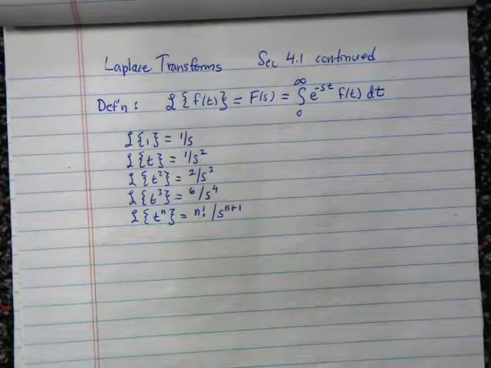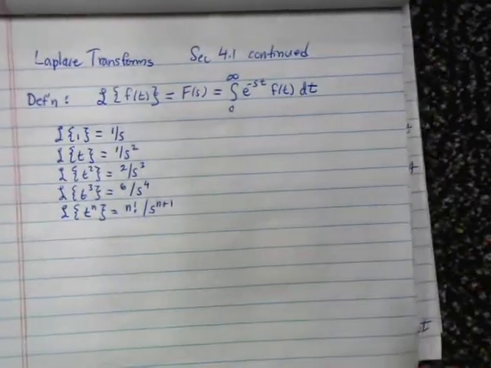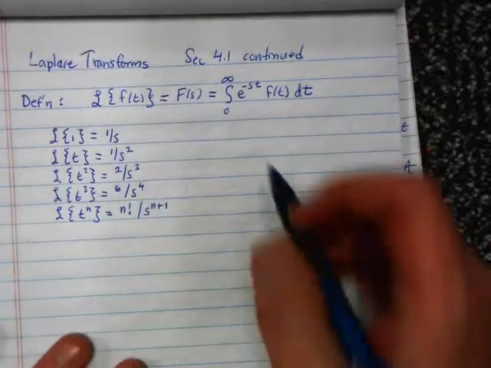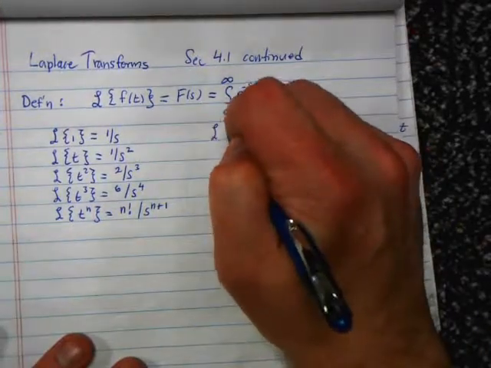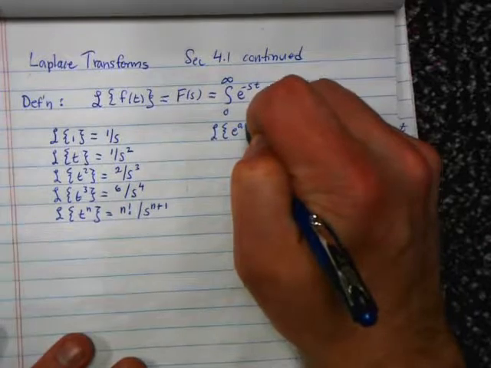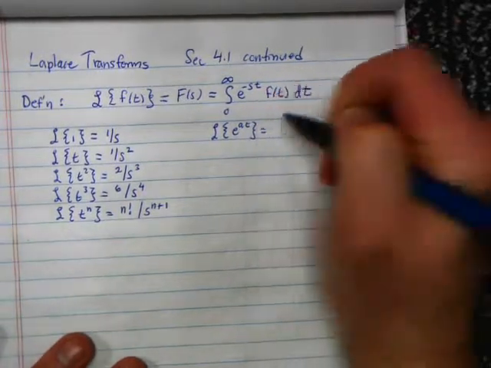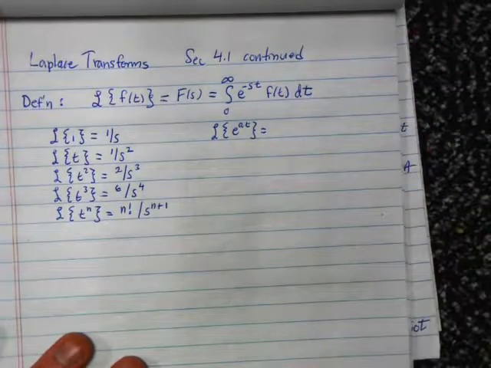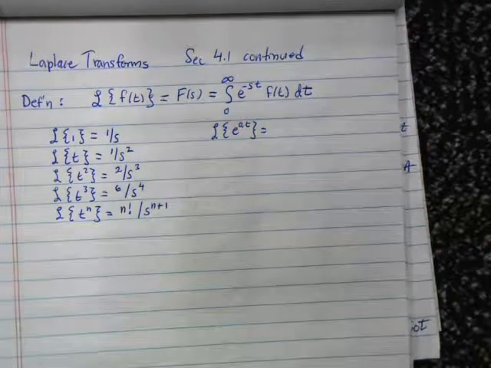All right, so we're going to continue this list today. So we're going to add some new functions. We're going to do a log or sine or cosine or something. Well, we're going to do e first.